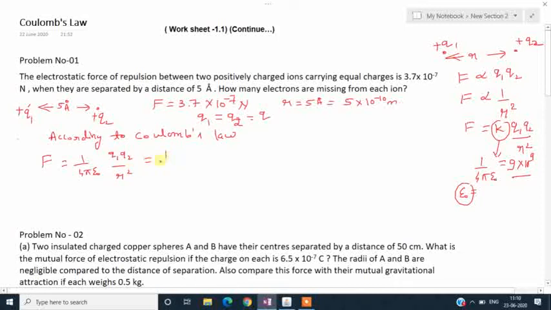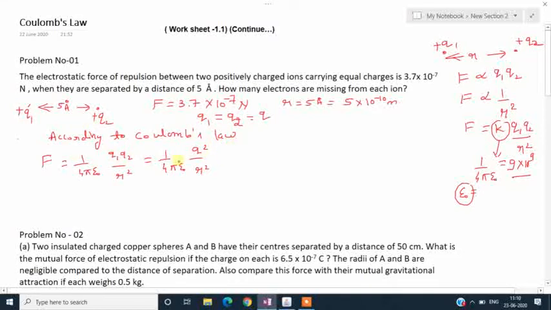We know that Q1 is equal to Q2, so I can write that as Q square by r square. Now we need to find the magnitude of this Q, because we don't know Q. Then we can also find out how many electrons are missing from each ion, since Q1 and Q2 are positive ions.